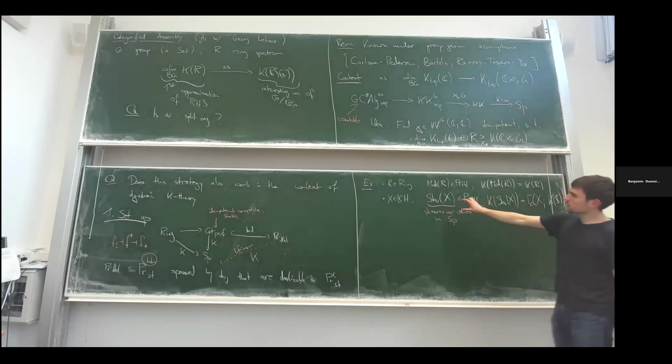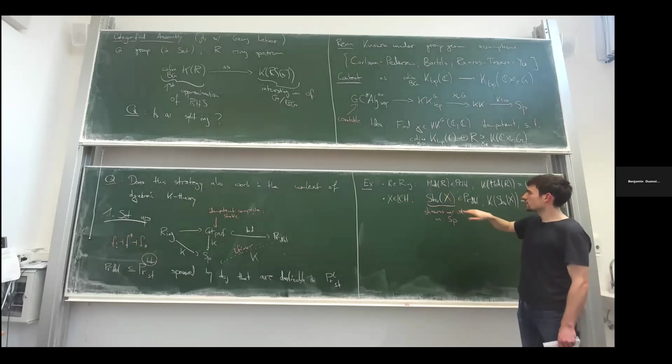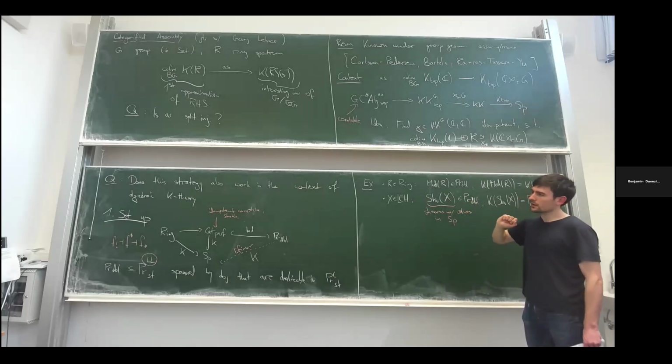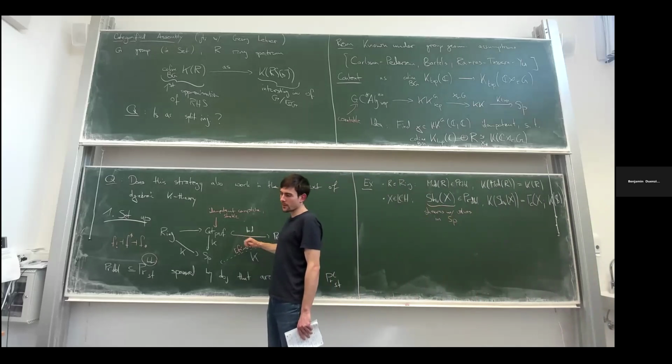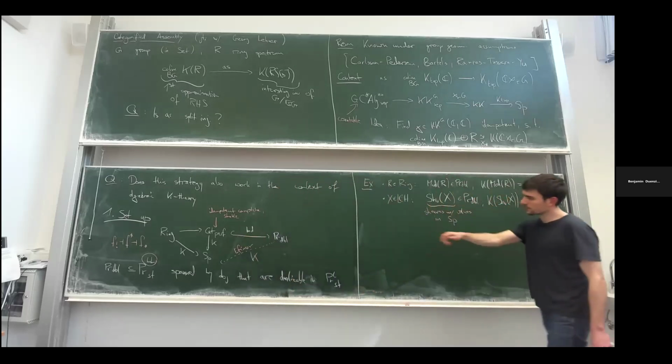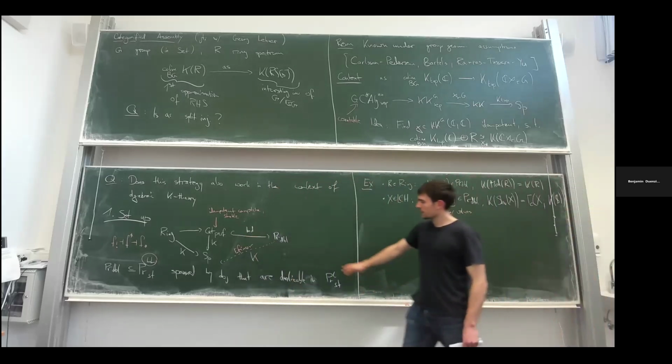And this is really a new example in the sense that usually Sh(X) is not in the essential image of this functor. And that's sort of the reason why I want to work in this setup.